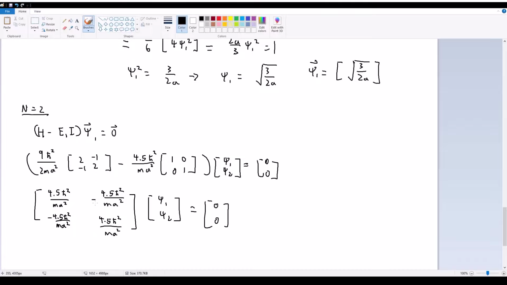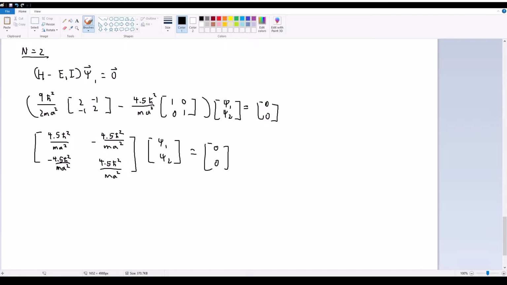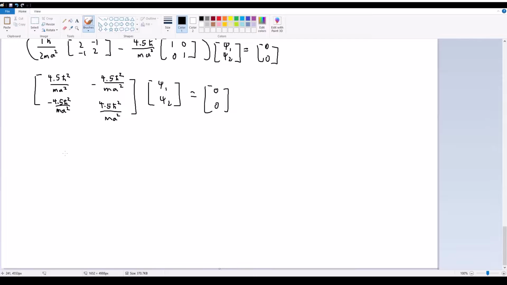And from the symmetry here, hopefully you see that the 2 equations we get are actually the exact same of each other, just with one being like the negative inverse of the other. So the resulting equation that we're just going to get is 4.5 h bar squared over ma squared times psi 1 minus 4.5 h bar squared over ma squared psi 2 is equal to 0.